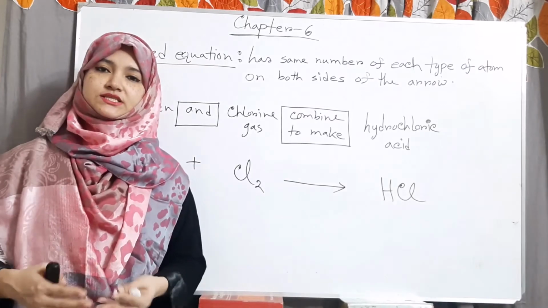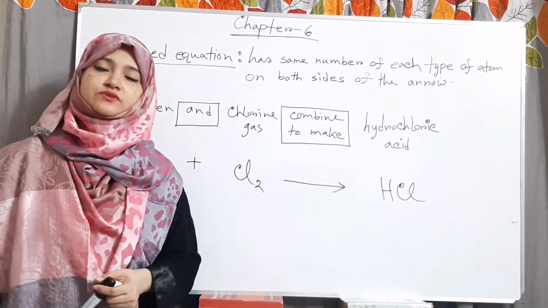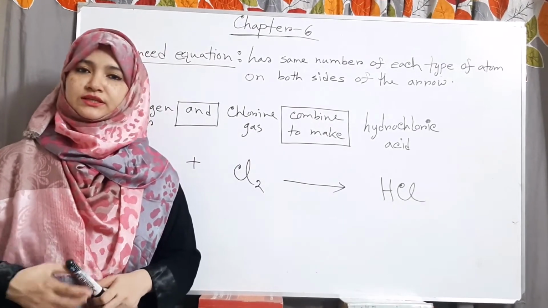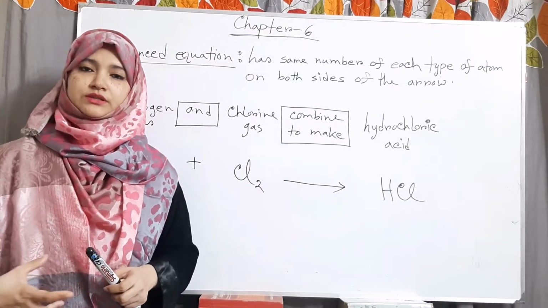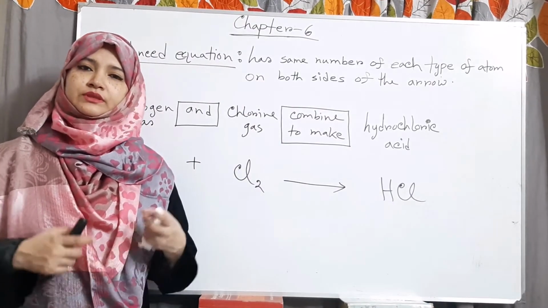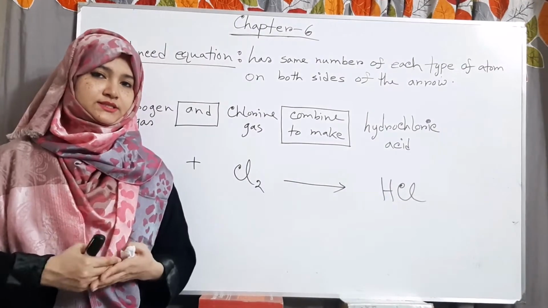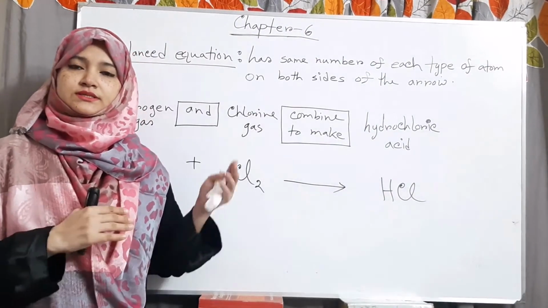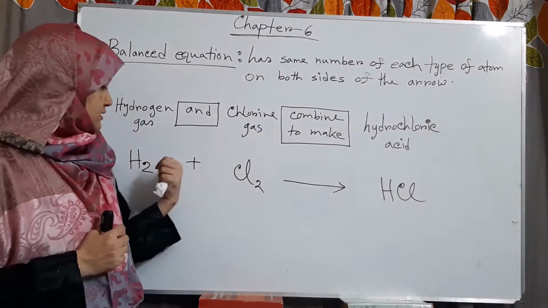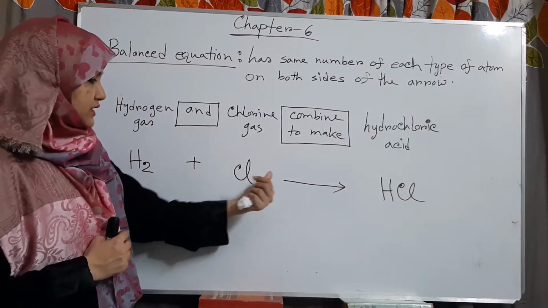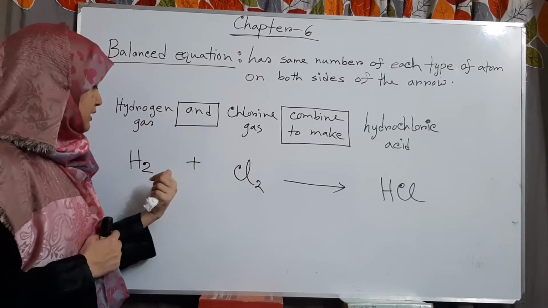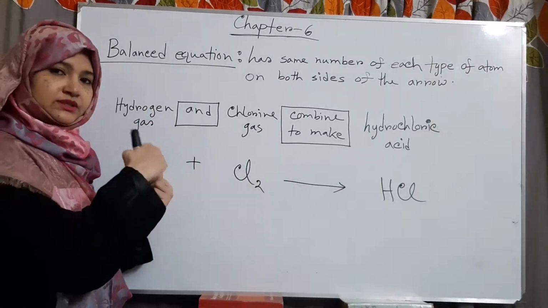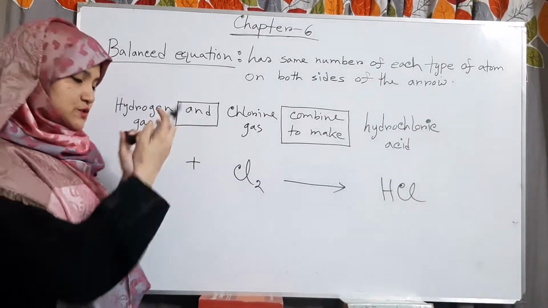Sometimes the physical states of both products and reactants are mentioned in the chemical equation, and these physical states are written at the right side of the element or compound, within brackets.